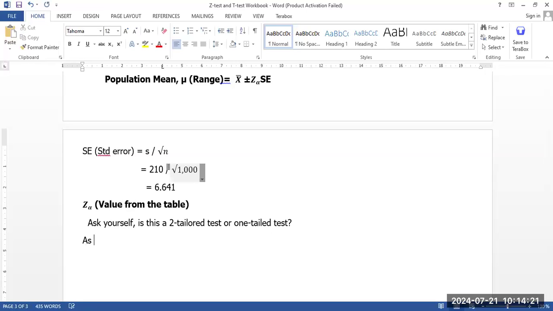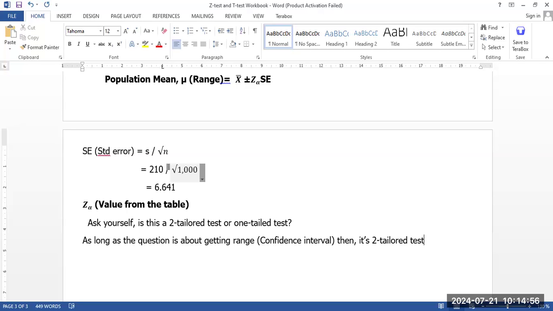As long as the question is about getting range, that is a confidence interval, then it's a two-tailed test.